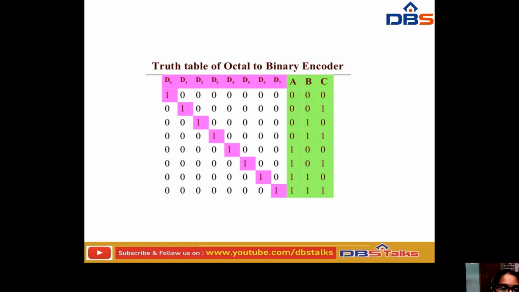Okay, and if the a value is 0, b value is 0, and c value is 1, then at the place of D1 we keep 1, and the rest should all be kept as 0. If a value is 0, b value is 1, and c value is 0, at the place D2 we keep the value 1, and the rest of the values will become 0.